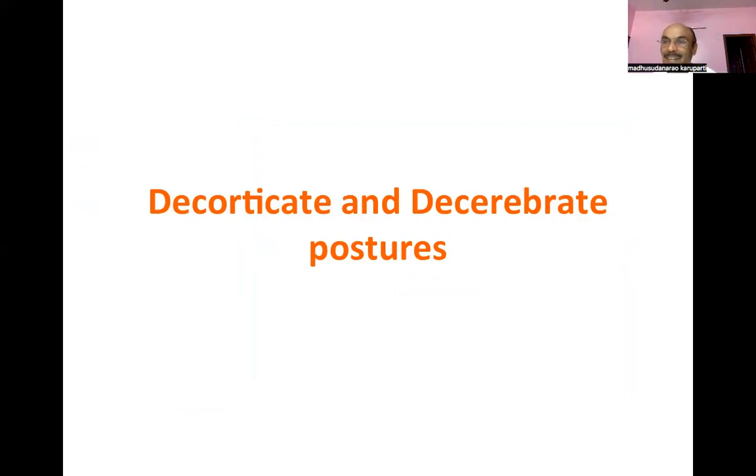Today in this lesson, let us talk about the decorticate and decerebrate postures. These posturings indicate severe brain damage, either due to road traffic accidents or due to metabolic or infectious causes involving the brain tissue.